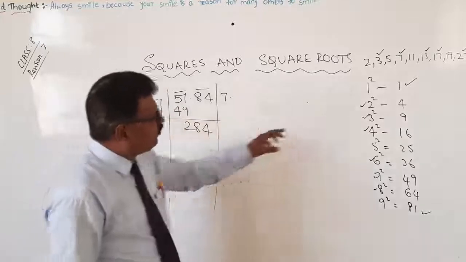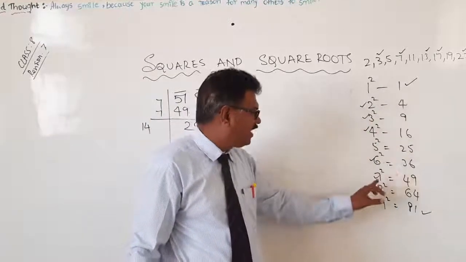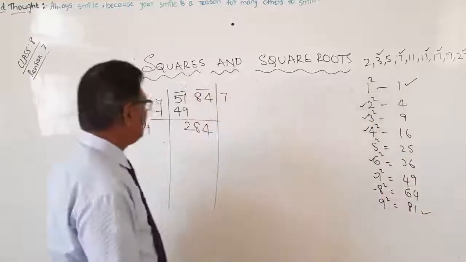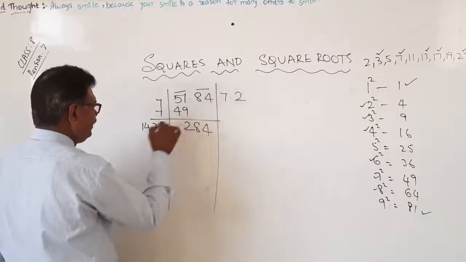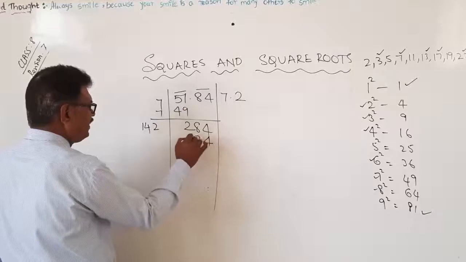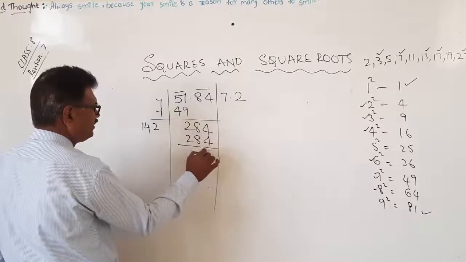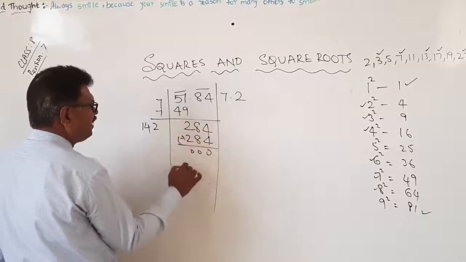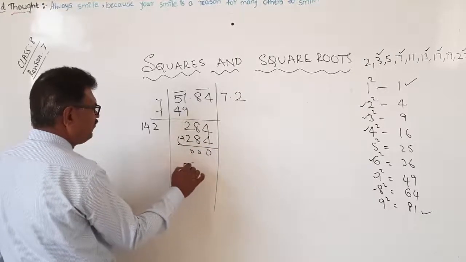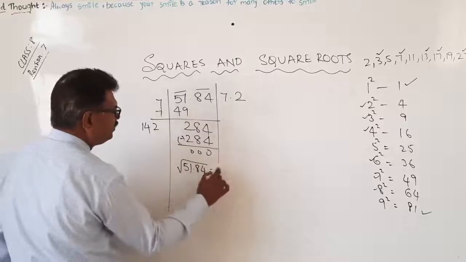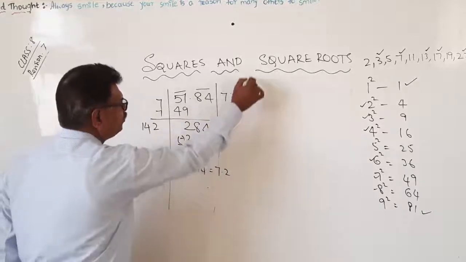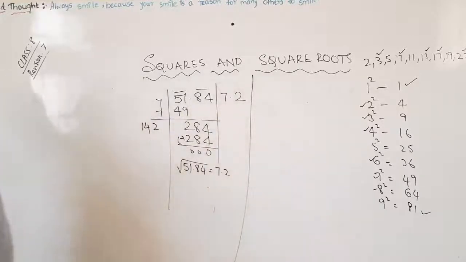Last number is 4, means either it is 2 square or 8 square. First one you take 2 only. Here also 2. 2 into 2, 4. 2 fours are 8, 2 ones are 2. That's all. Therefore, the square root of 51.84 is equal to 7.2. Okay na? Yes. One more number.